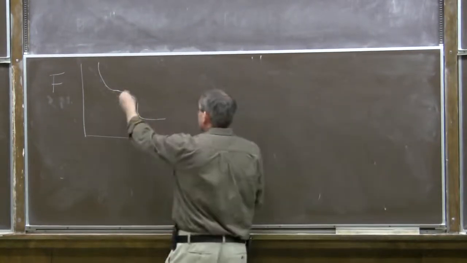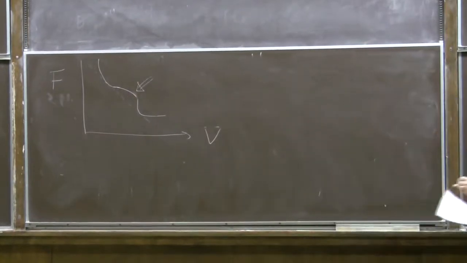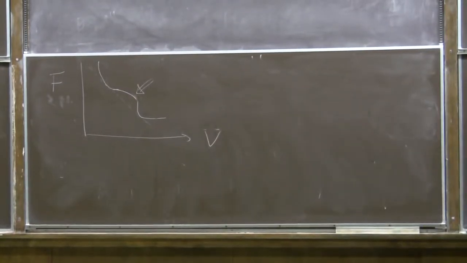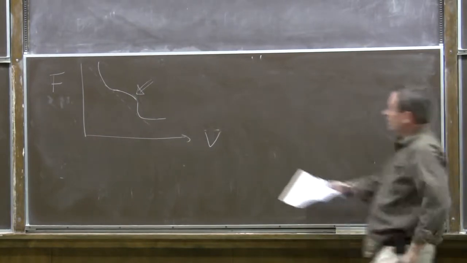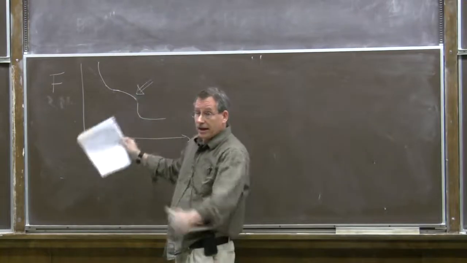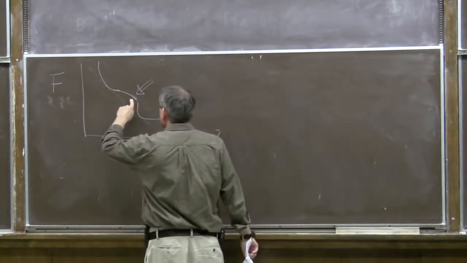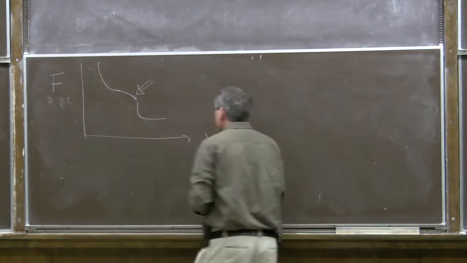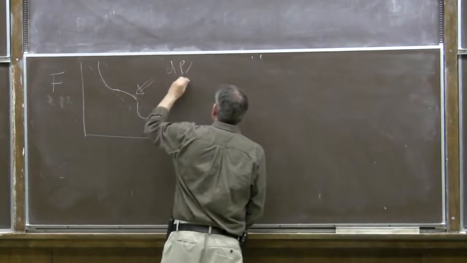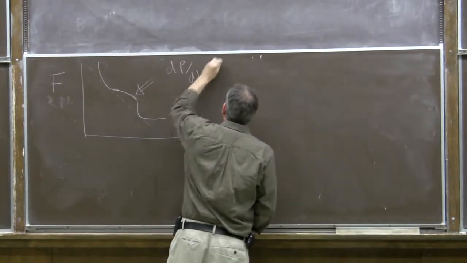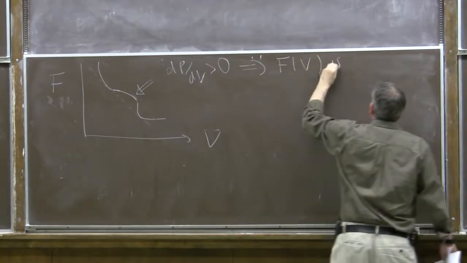But if we follow the isotherm, which means we're considering a homogeneous phase, the free energy as a function of the volume is going to be concave down. It's going to have a negative second derivative in this region, and it's positive here. So here, where dP/dV is positive, F of V is concave down.